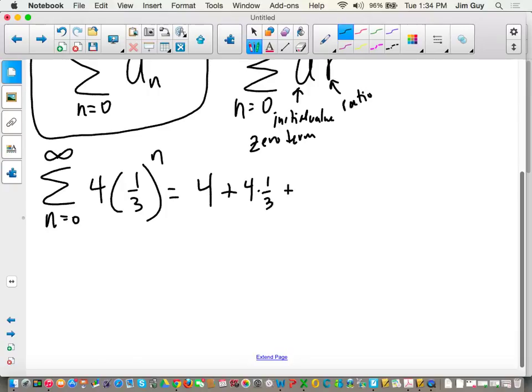We put in 2, and we get 4 times 1/9. Then 4 times 1/27, and so on. Does this have a chance to converge? Are those values approaching 0? Yes, they are. Now, you might not even know what the answer to this is. There is a simple way to find out if this is converging or not. You learned it last year.